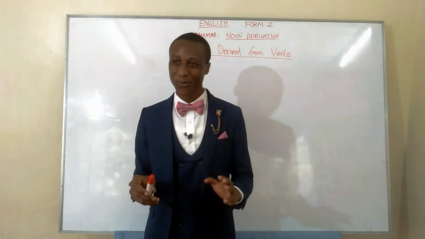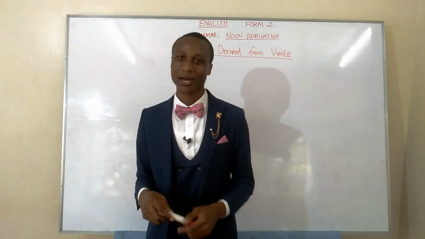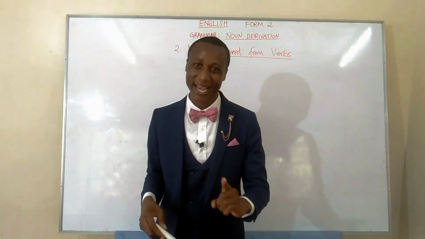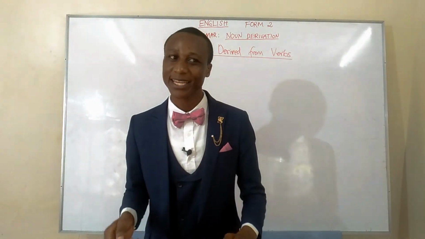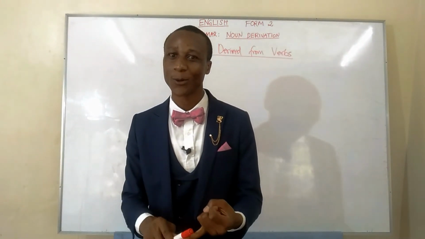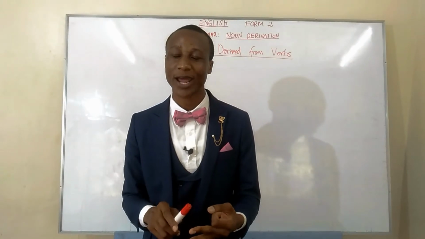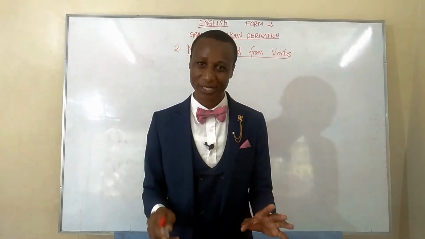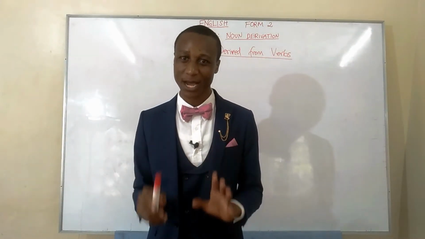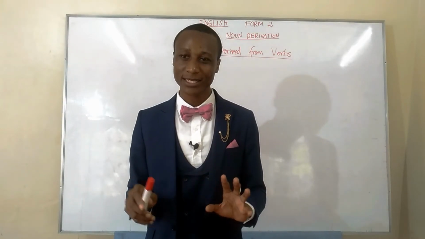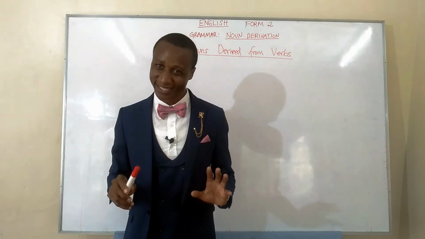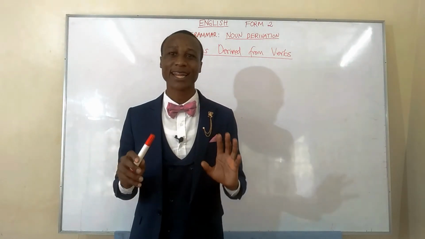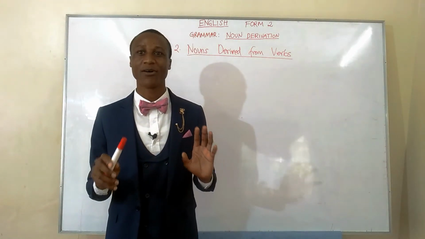Remember, we said a noun which is formed by adding suffixes to a noun, an adjective, or a verb is called a derived noun. So, in this particular lesson, we are going to focus on nouns derived from verbs.